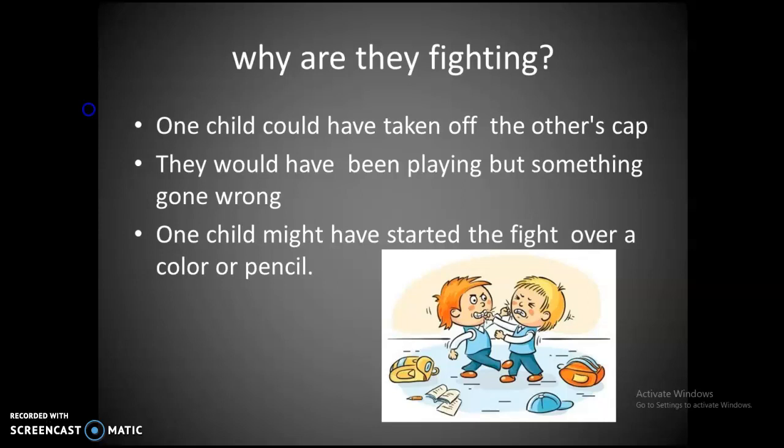Another deduction could be, they will have been playing but something went wrong. The third is, one child might have started the fight over a color or a pencil. As you can see, we're using could, would, and might.